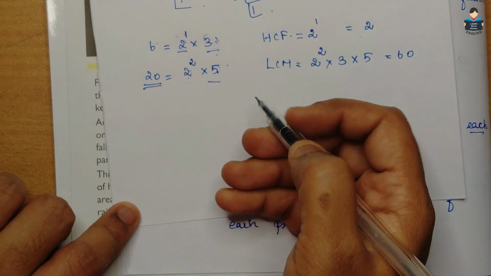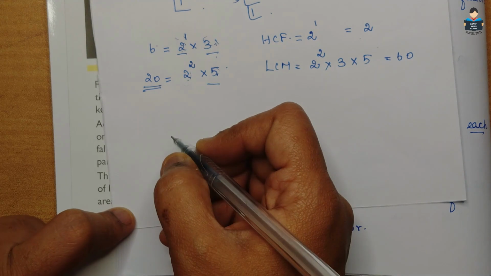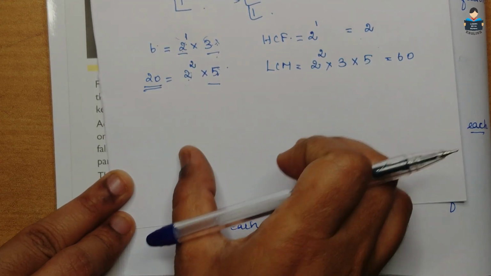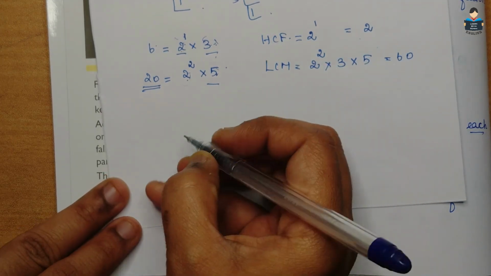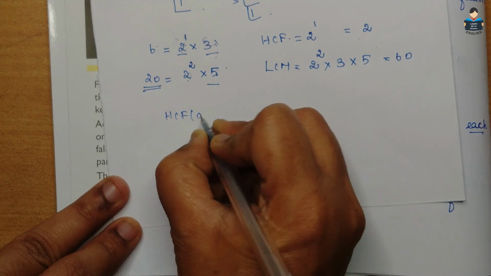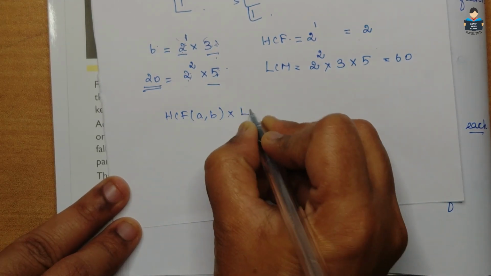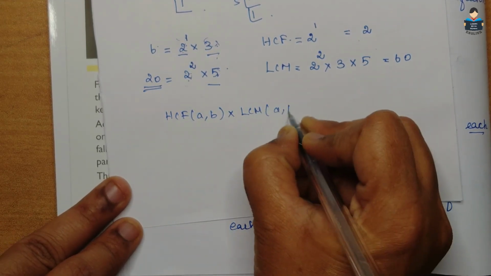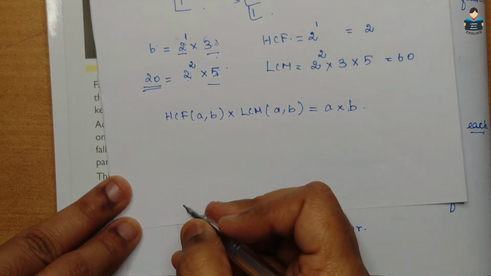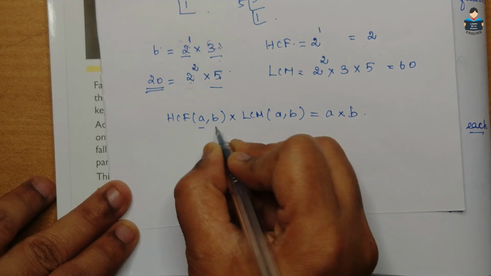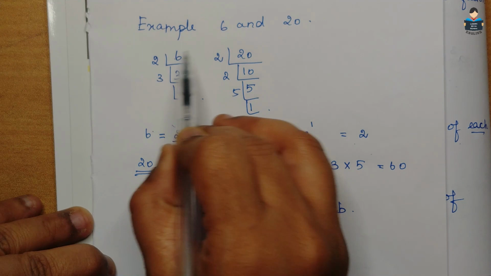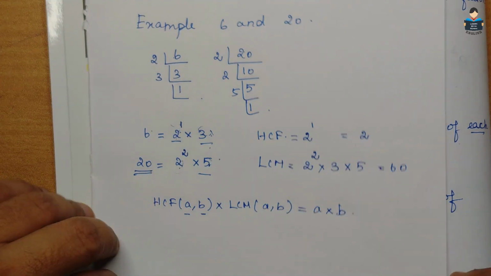After finding the HCF and LCM, we are going to use a formula to verify that we are getting the correct HCF and LCM. HCF of A comma B into LCM of A comma B is equal to the product of the two numbers, here A and B, which we take as 6 and 20 in this example.